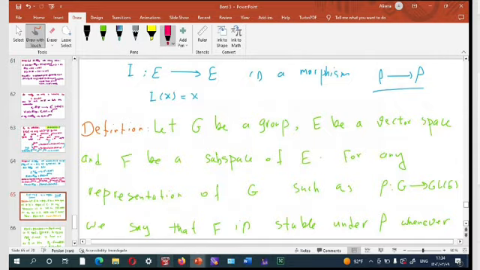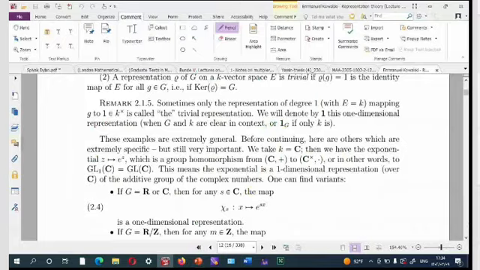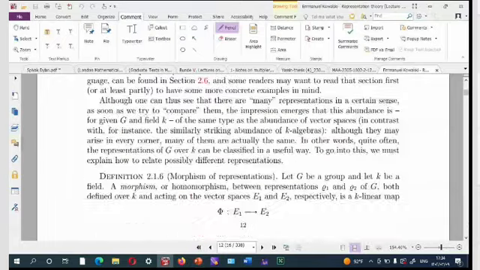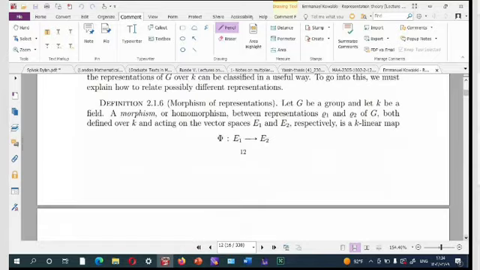And now we have this morphism of representation.